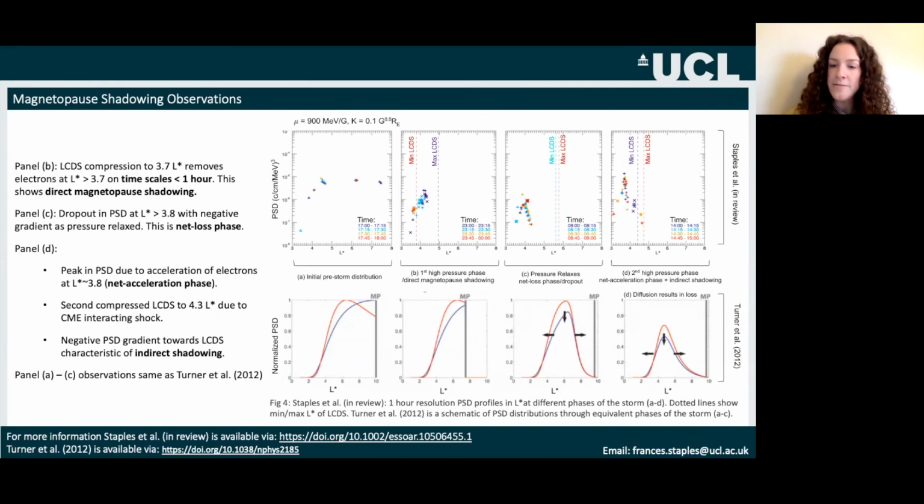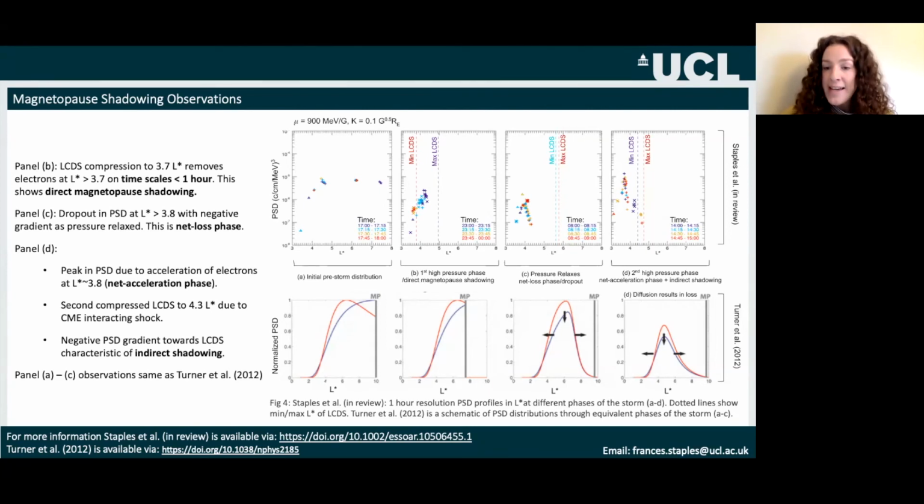The second difference is that an interplanetary shock in the solar wind causes a secondary compression of the magnetosphere. We measure the magnetopause within geostationary orbit again, and the last closed drift shell becomes compressed down to an L star of 4.3.